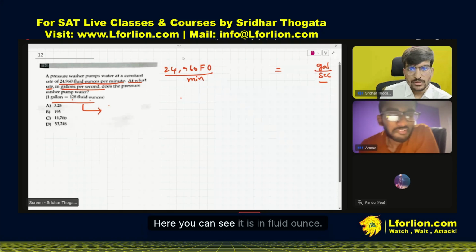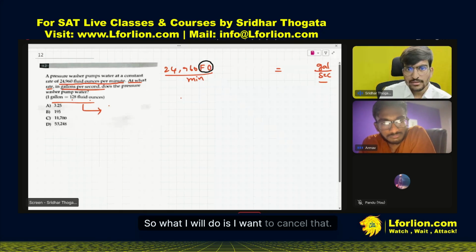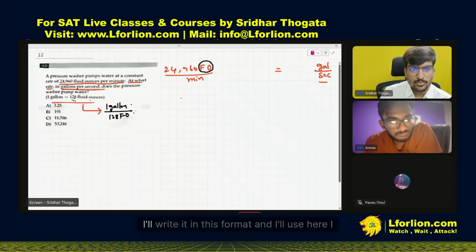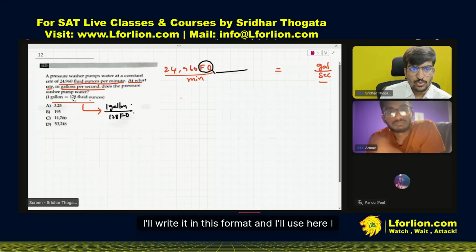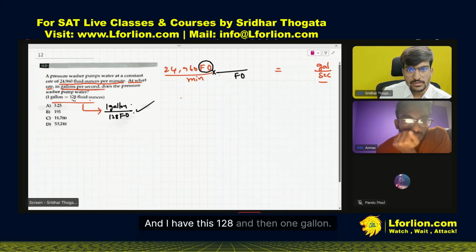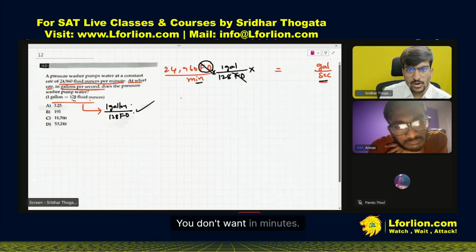Here you can see it is in fluid ounce. We don't need that, so I want to cancel it. I'll use this 1 gallon per 128 fluid ounce from here. Both are equal. Here I need the answer in gallons, and I have this 128 fluid ounce and then 1 gallon, so the fluid ounce cancels. And you need the answer in seconds, you don't want minutes.